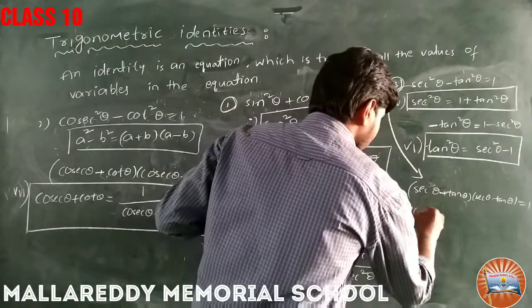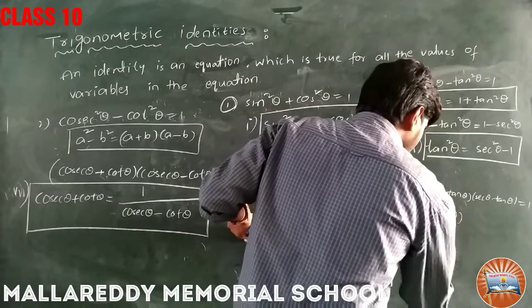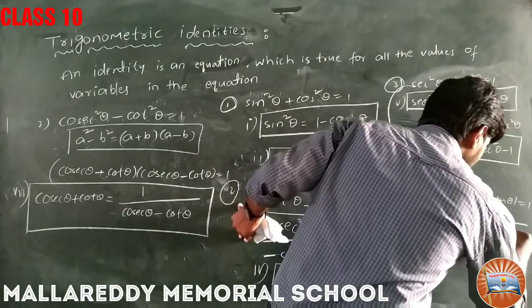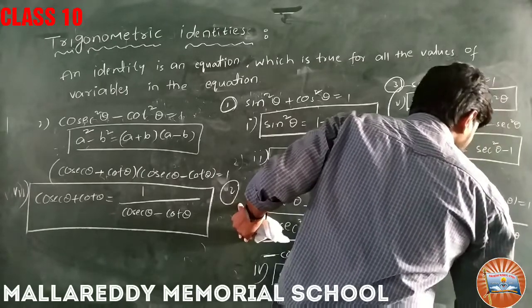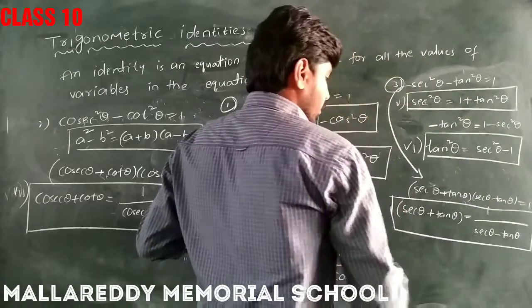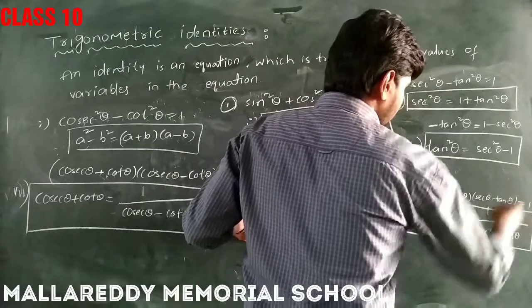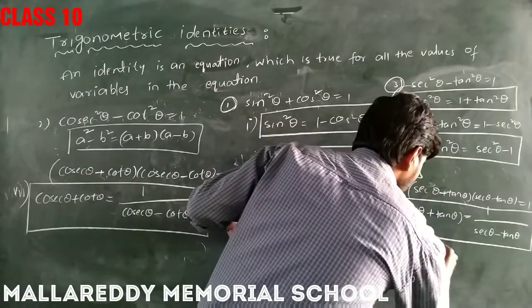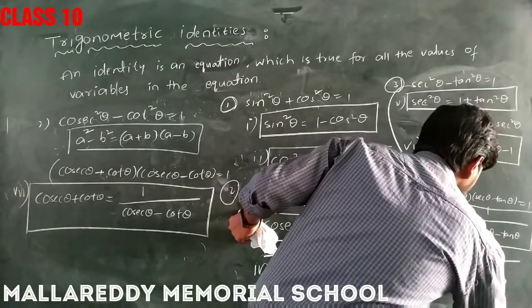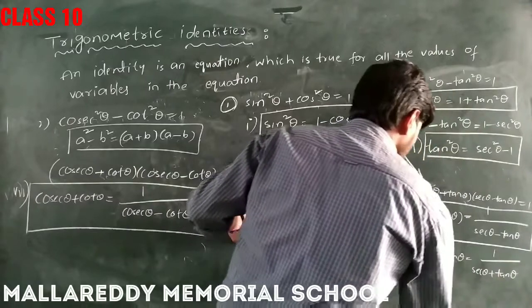We can write this as secant theta plus tan theta equals 1 by secant theta minus tan theta. This is one more formula. And if I bring this secant theta plus tan theta into the denominator, secant theta minus tan theta equals 1 by secant theta plus tan theta.